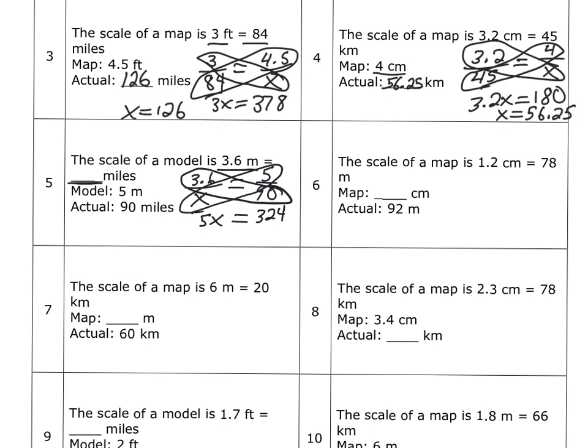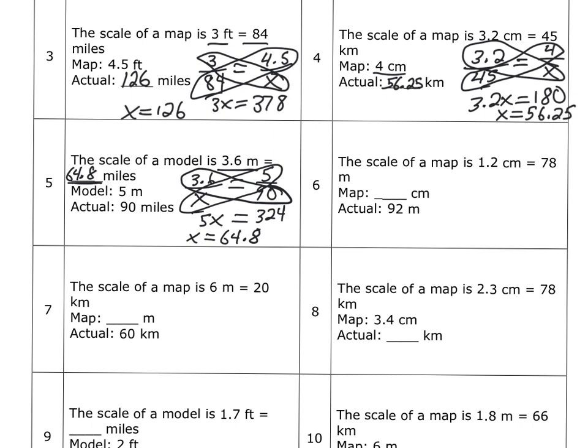And then I divide both sides by 5. So you notice the last step is always dividing by whatever the value is that's in front of the x. Same process every time. 64.8 miles.